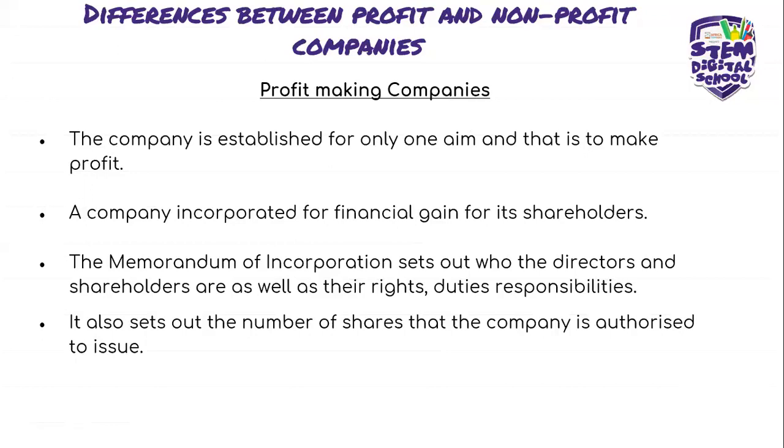And someone typed on our chat box, they typed KFC. They also typed, I think it was KFC and something else. I can't recall. So profit companies, guys, are those companies that are in the scheme of making a profit. Basically, they want to sell something or render a service to someone in order to gain a profit.